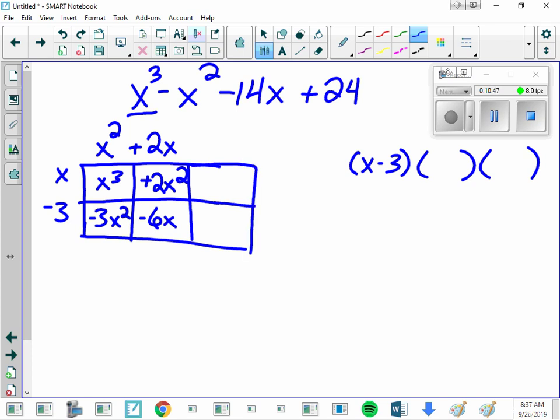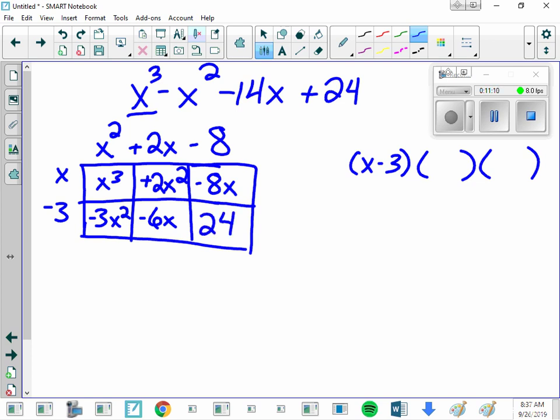Negative 6x and the next box need to add to be negative 14x. Negative 8. I'm already at negative 6. I need to reach negative 14. Subtract 8x. Pull out an x, and I get minus 8. And then negative 8 times negative 3 is 24.